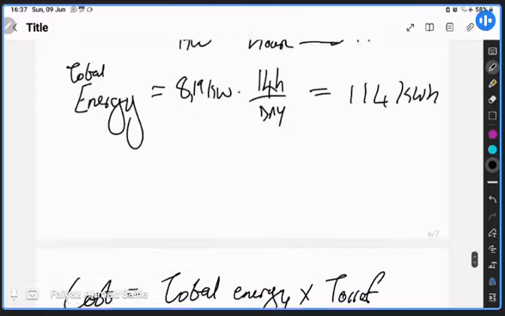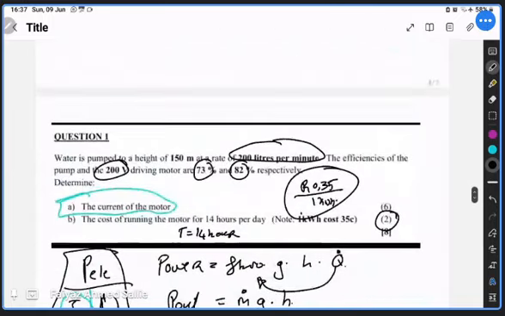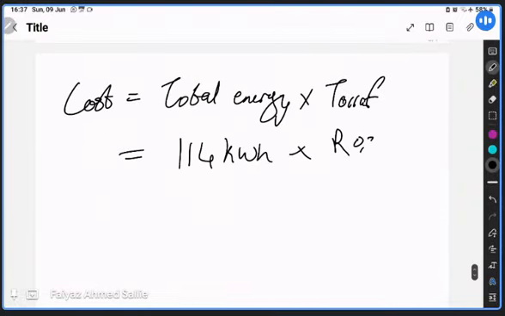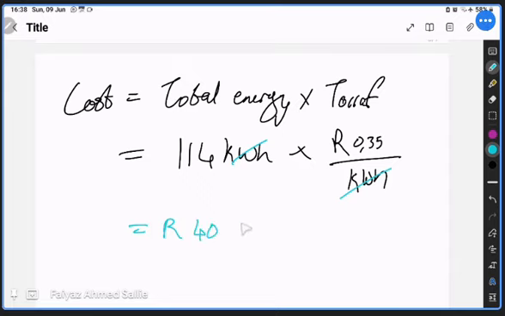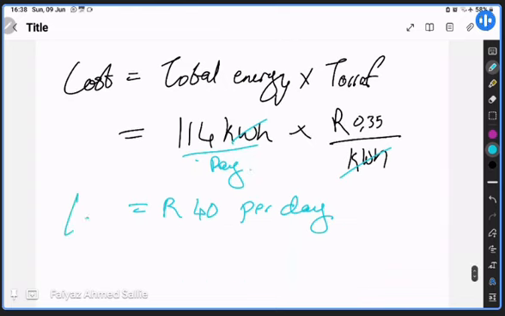So total energy is 114 kilowatt hours multiplied by the tariff, which is 0.35 cents per 1 kilowatt hour, and then these units cancel, and we get a cost in rands of 40 rand per day. So that is the cost.